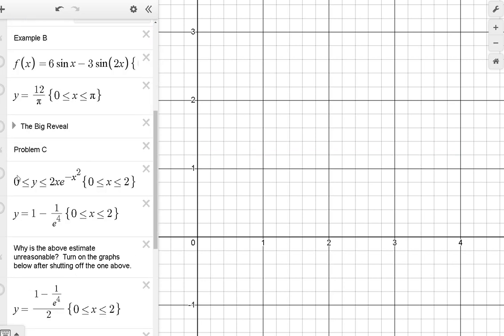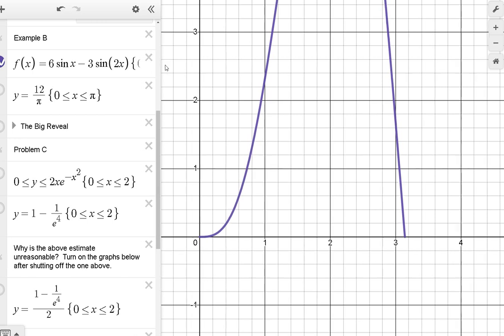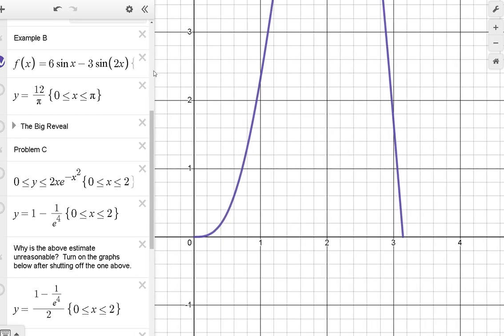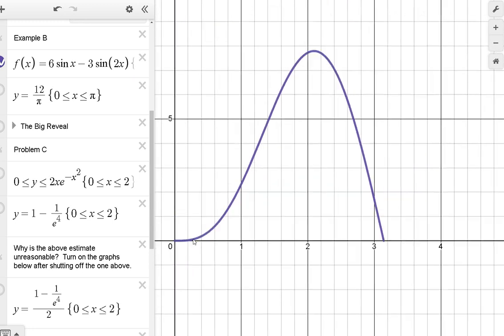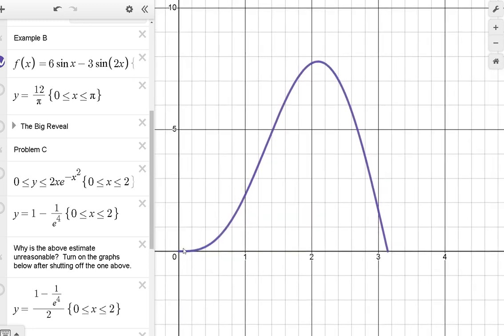So the next one is this function, 6 sine x minus 3 sine of 2x. And let me scale this down a little bit, fit that all in. So, all right, let's do example B here.